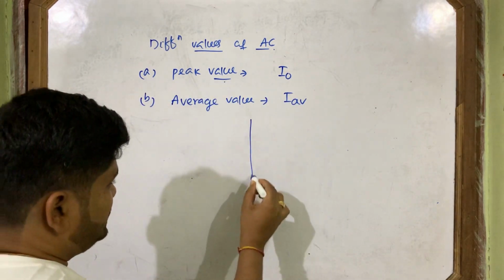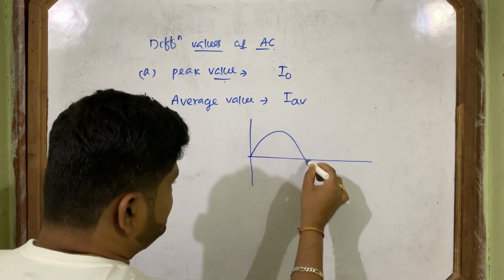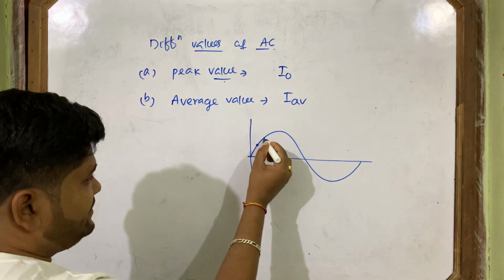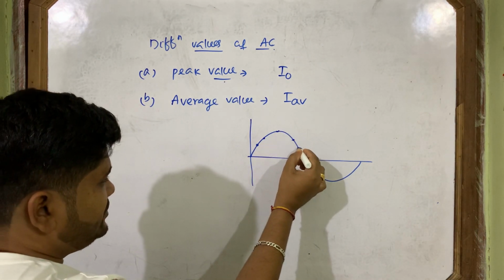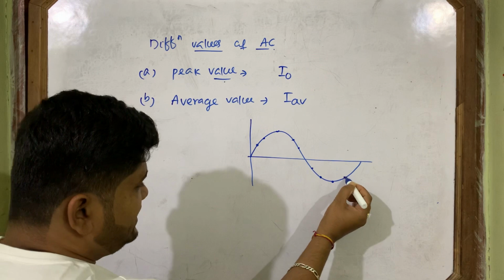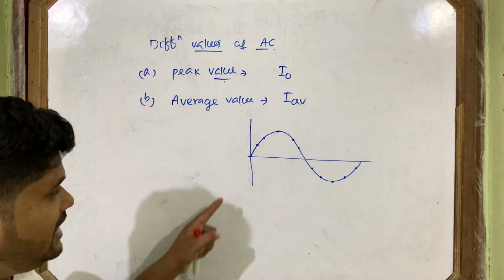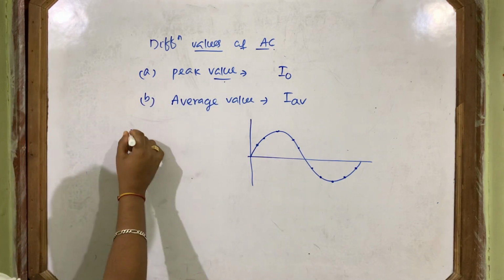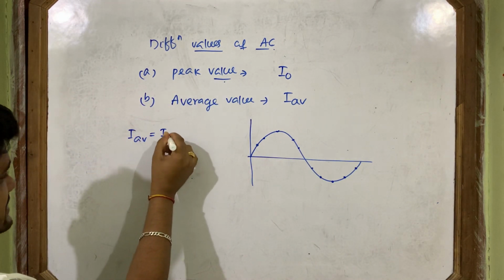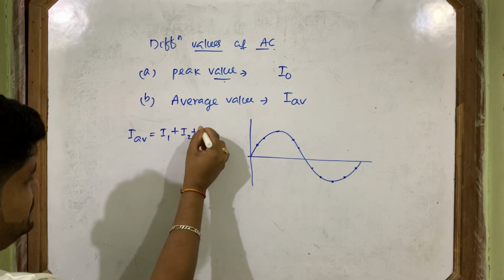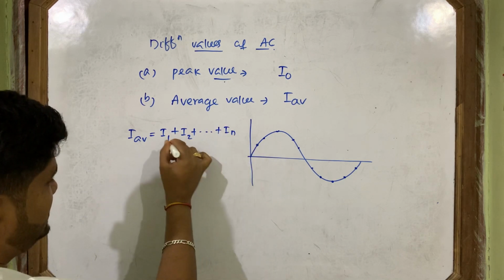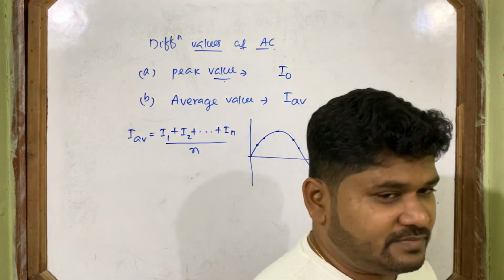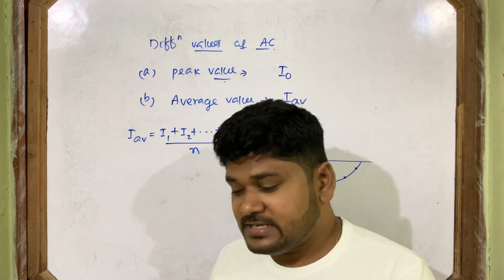As it always varies, if this is alternating current, we will find different instantaneous values, add them, and then find the average. So I average is I1 plus I2 plus up to IN, divided by N. This is the average value, the average of different instantaneous values.